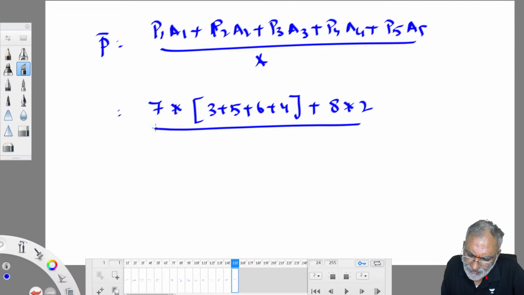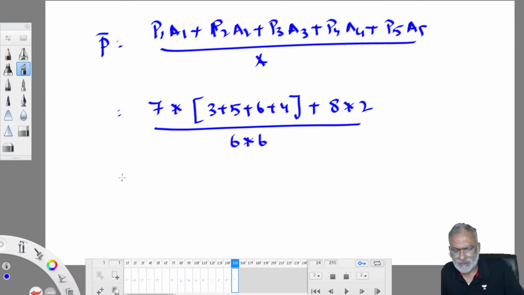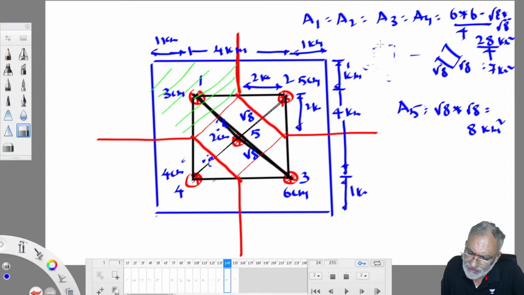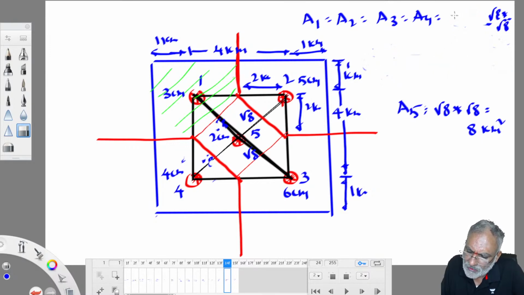Total area is 6 into 6, 36. Come on, work it out. Divide by 4, understood? Square area minus diagonal area. A1, A2, A3, A4 are the same, equal to square area minus diagonal area, divided by 4.